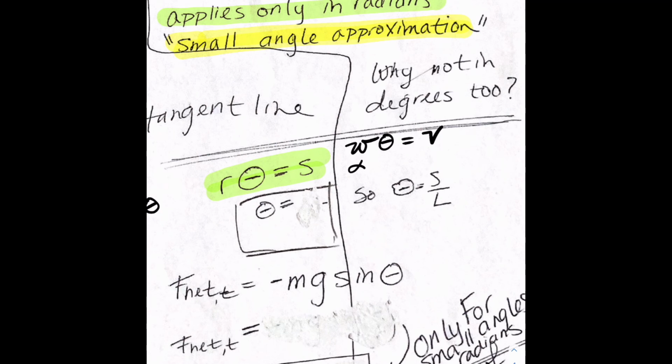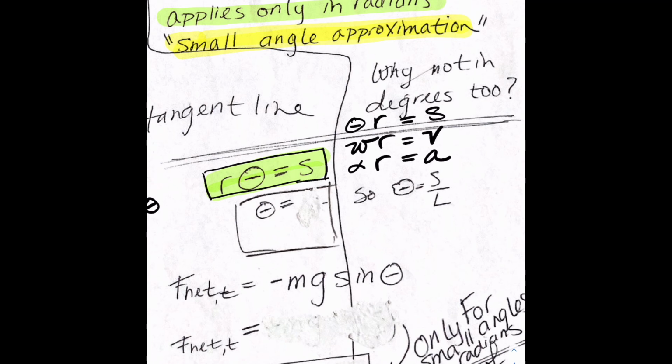One was omega times the radius is equal to velocity. One was alpha times the radius is equal to the acceleration. And this was the first one right here, which is that theta, angular position, multiplied by the radius is equal to S, or the arc length. So we had a way to go from rotational motion into linear motion. And so that's what we have right here.